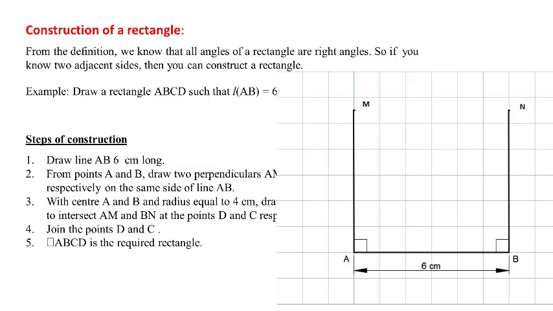Third step is, with center A and B and radius equal to 4 cm, draw two arcs to intersect AM and BN at the points D and C respectively. Fourth step, join the points D and C. Now you get the required quadrilateral ABCD.